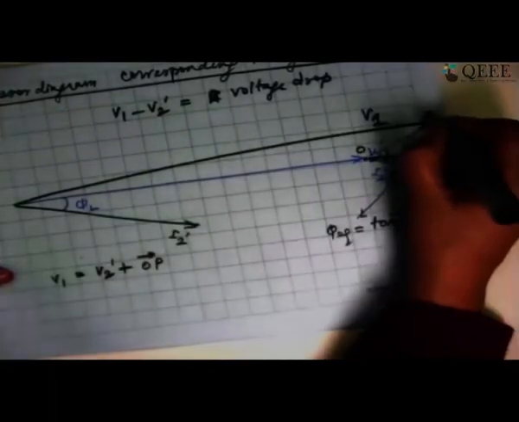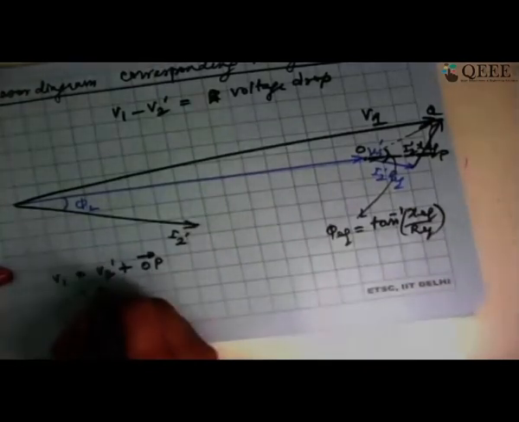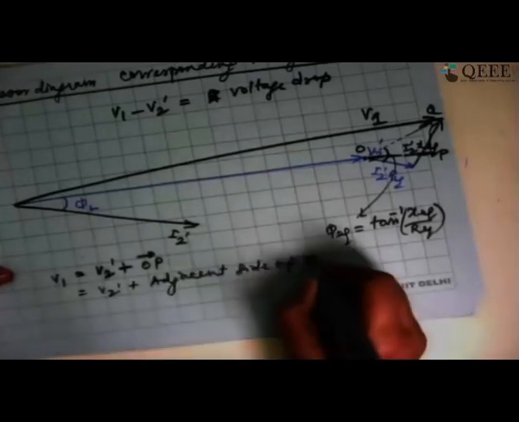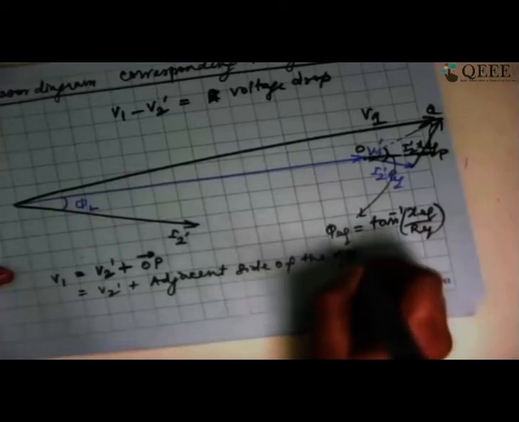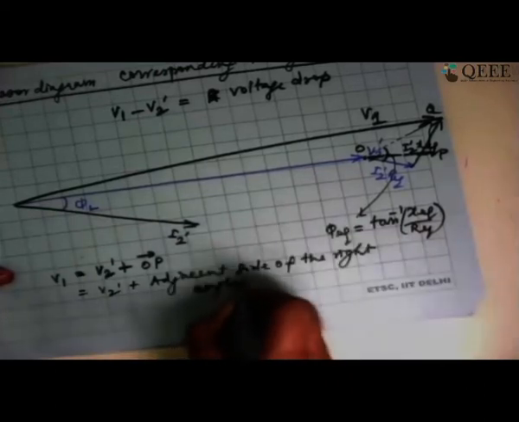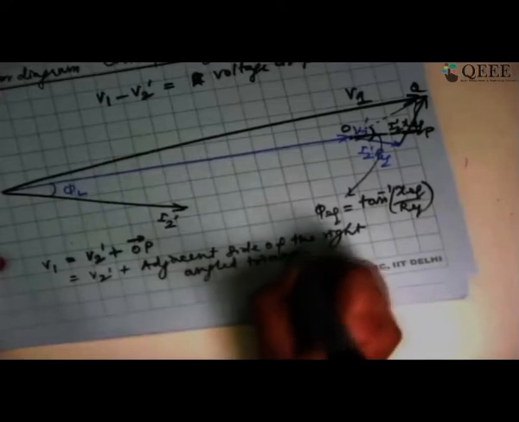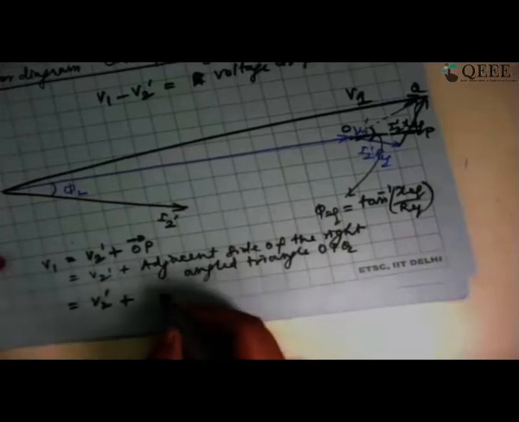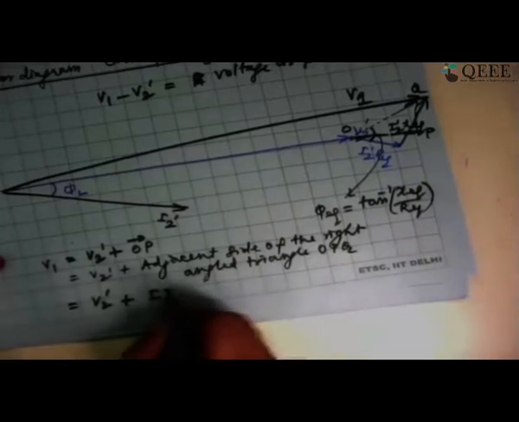Now OP is basically the adjacent side of the right angle triangle OPQ. So I can write this as V2' plus I2' Z equivalent, that is the hypotenuse.